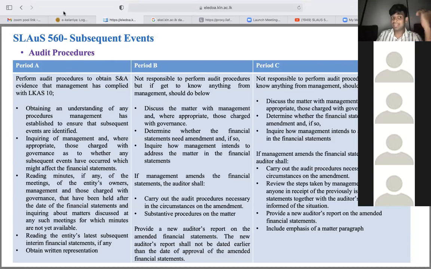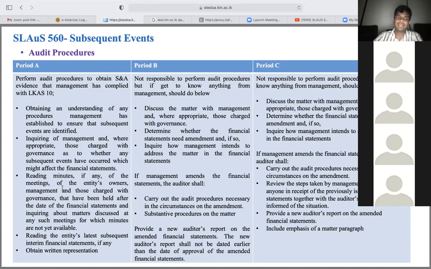Period A means the financial statement date to the auditor's report date, right? That means we can still do audit procedures, because we have not yet issued our audit report. So these are the audit procedures we can do.